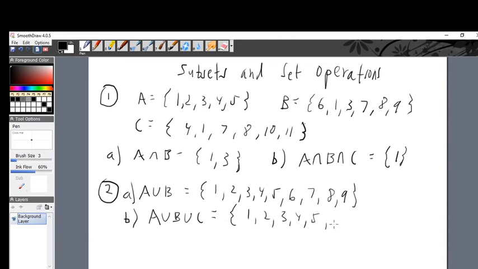They're in B, so they make it in. Now we have to deal with C. 4's already there, don't repeat it. 1's already there, don't repeat it. 7's already there, no repeat. 8, no repeat. 10 hasn't gotten there yet, so 10 gets in. 11 gets in, right, from C. And we're done. That's it.